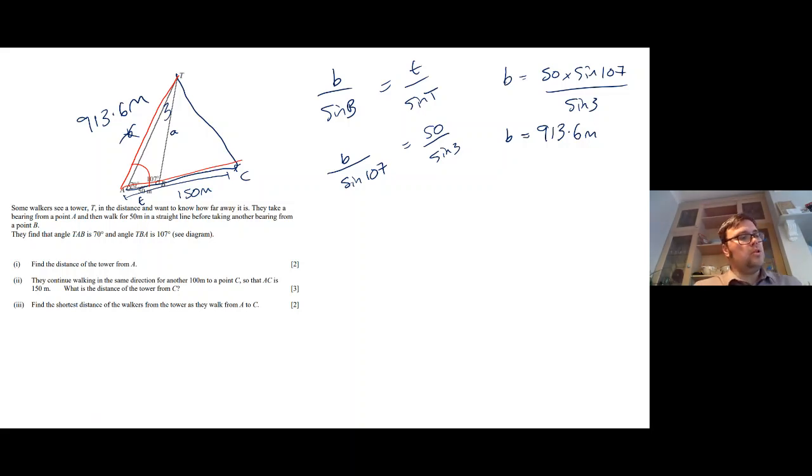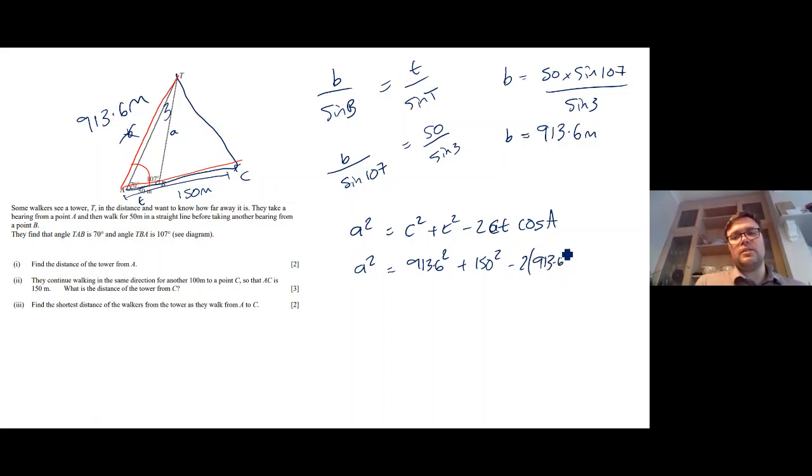cosine rule. Doing so, we're going to label it as a squared equals, in this case, c squared plus t squared minus 2ct cos of the angle A. Putting all this information in, a squared is 913.6 squared plus 150 squared minus 2 times 913.6 times 150 cos of the angle 70. a squared is equal to 763424.08.